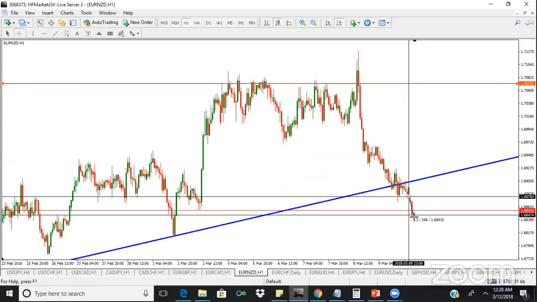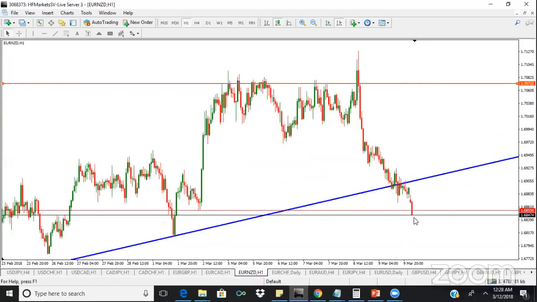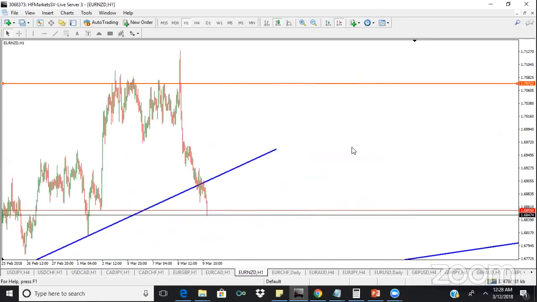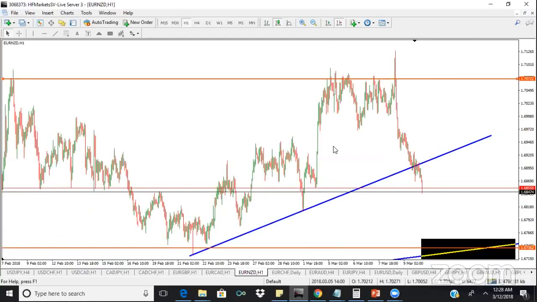You've been 30 pips already. So what will make me trade this trade now is for this one to come up. When it comes up, I'll re-enter a sell. So you can do a sell.